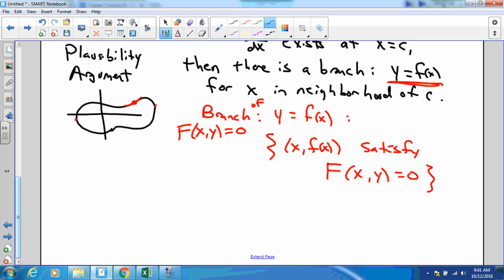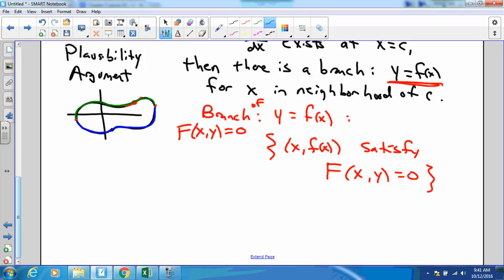In other words, they are points on the curve that give me legitimate functions. And for this curve, we would say there are two branches. One is here, and one of them is right here. And visually, I can identify them by the points of vertical tangency. Mathematically, they are identified by the fact that we pass the vertical line test for every point in the branch. Does that make sense?